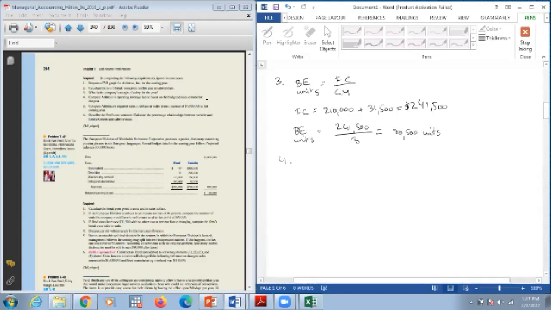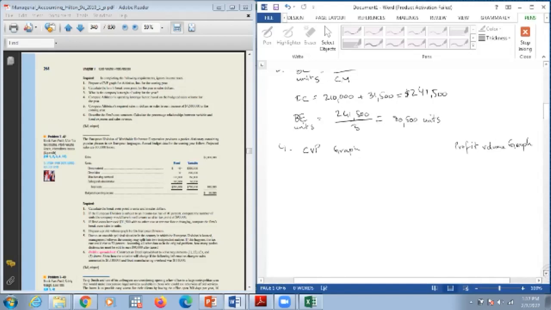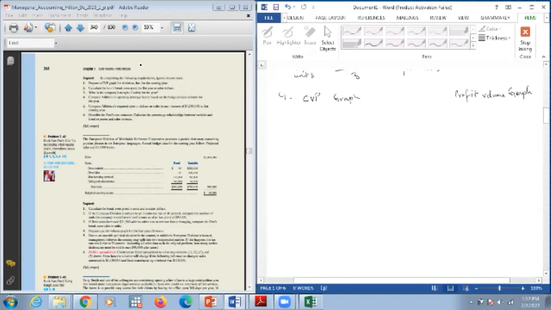Part 3 is done. Working with part 4, we're going to do two things here. We're going to create a cost volume profit graph, and right alongside that we will also create a profit volume graph.